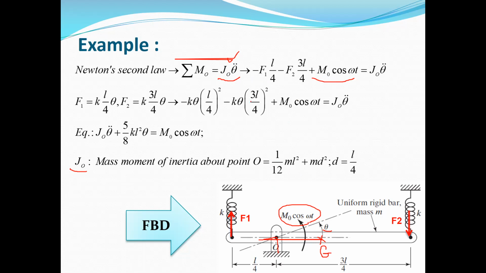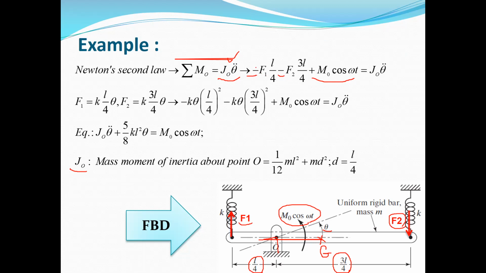And the moment due to F1 is equal to F1 times its arm, which is L over 4. And the moment due to this force F2 is F2 times its arm, which is 3L over 4. And we have one negative sign, as I told you, because of the direction of the moment. And now we can simplify this equation.